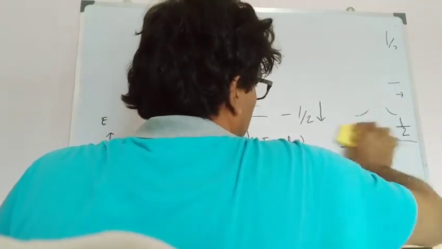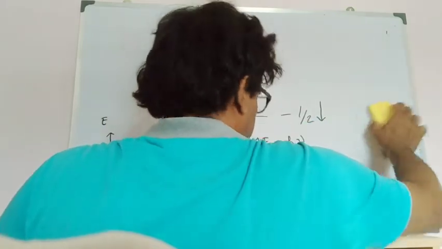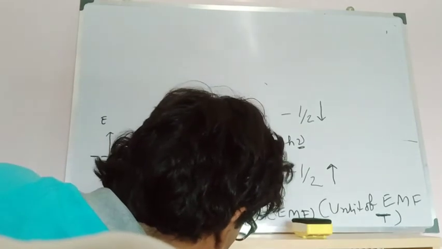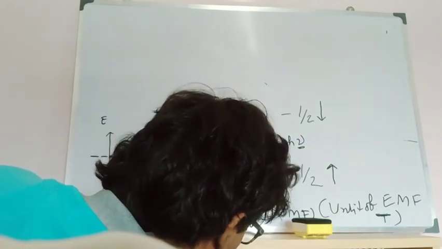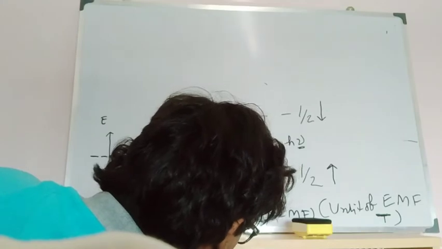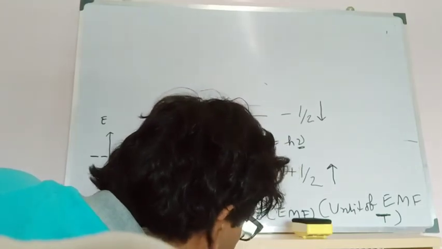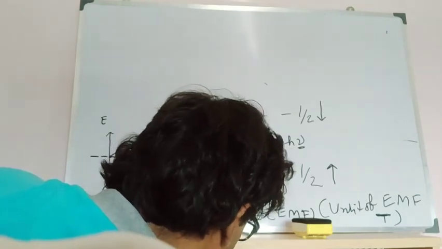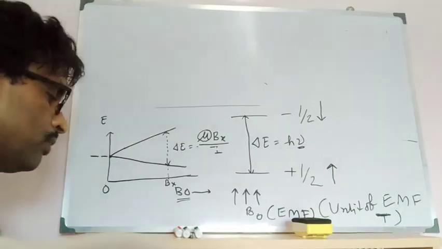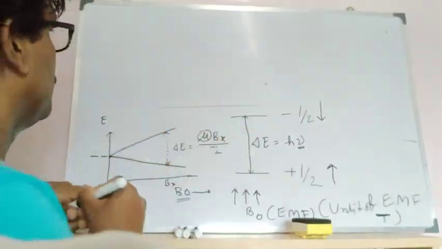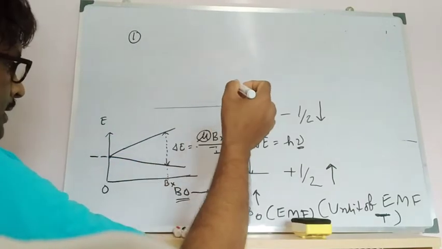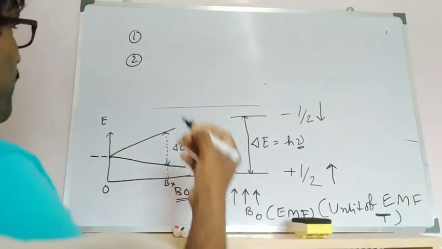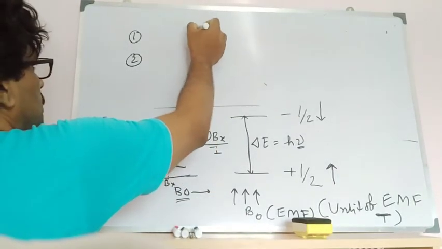What are these phenomena? Two phenomena occur in presence of this external magnetic field. The first one is that it takes the higher and lower energy states with an energy difference delta E. So the first phenomenon is that it adopts two orientations, parallel and anti-parallel.